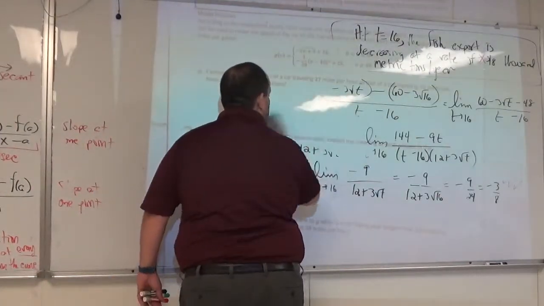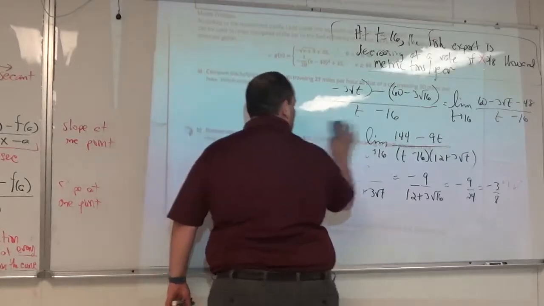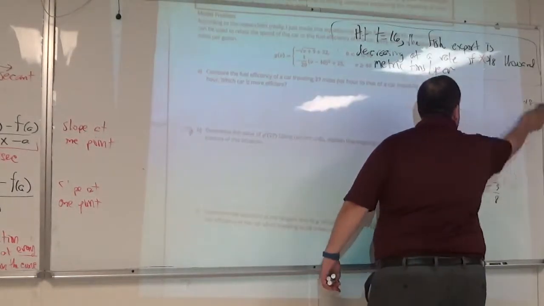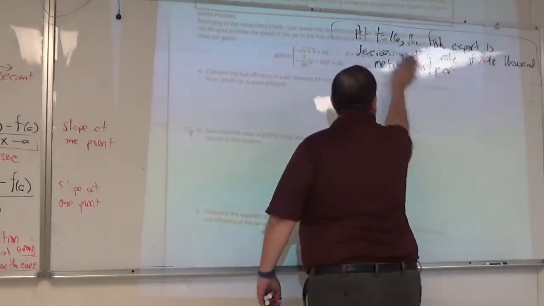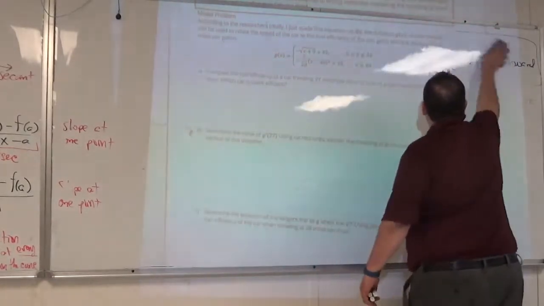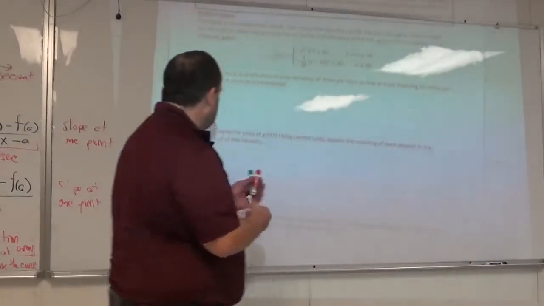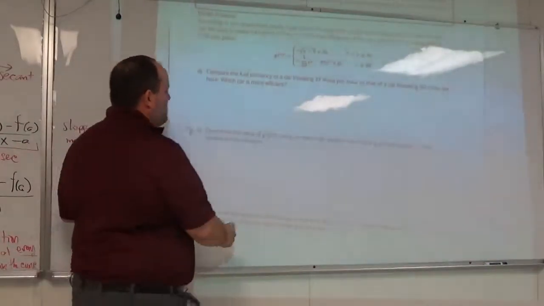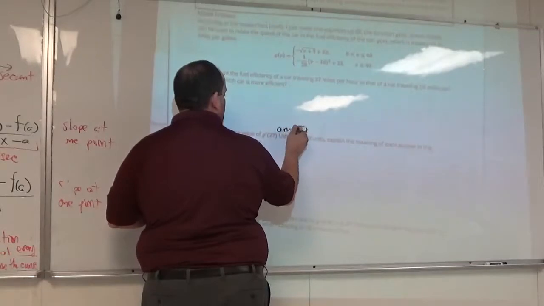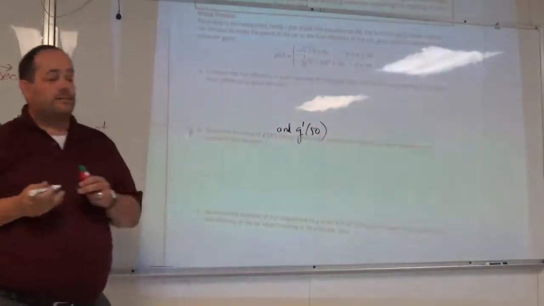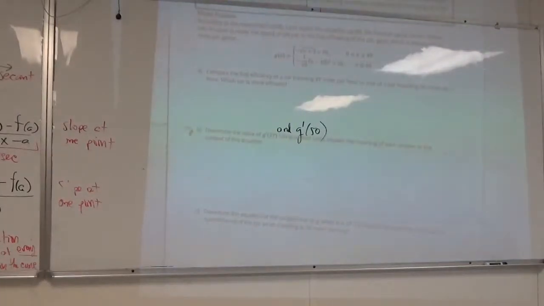In part B, G prime of 27 and G prime of 50. Okay. So take 2 minutes, read through this problem, see what you can do.